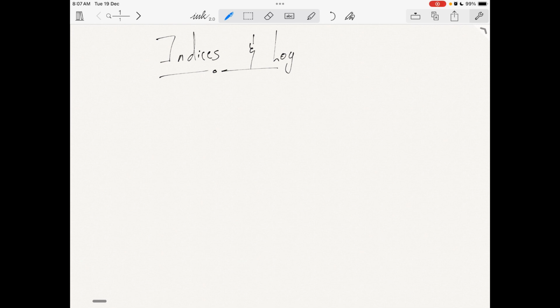So assuming we have indices, the indices in this sense can also be called exponents, and they provide a convenient form of shorthand.